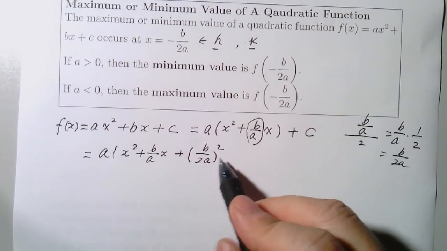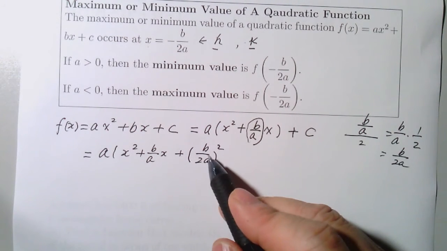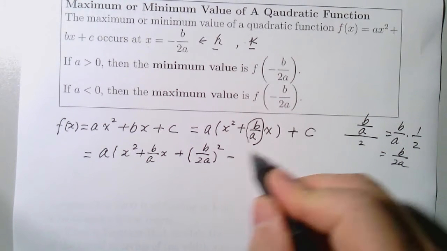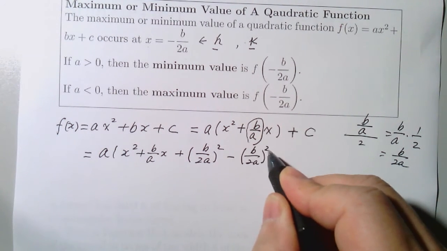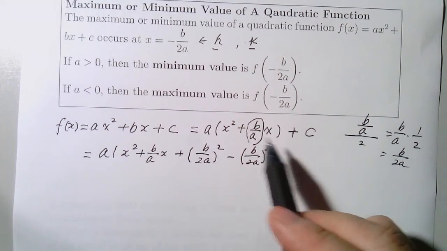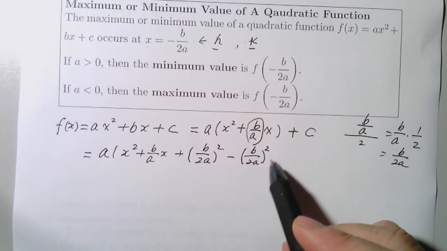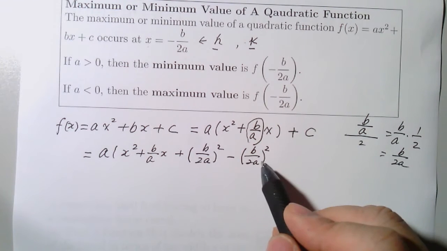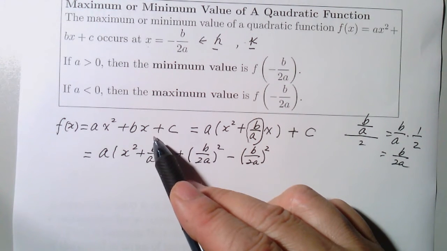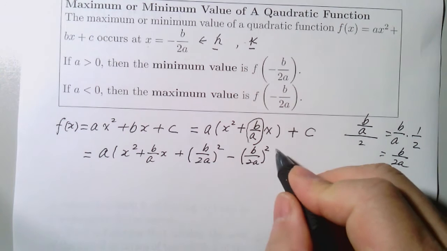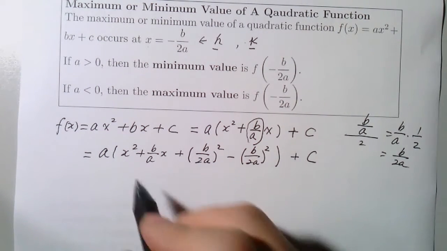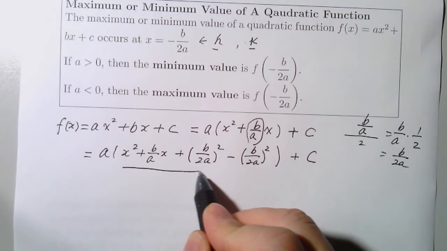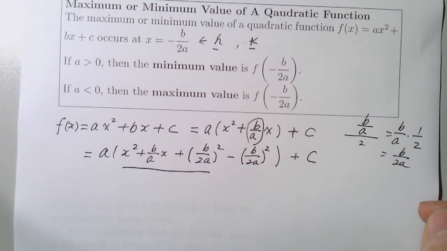When you add a term, you have to subtract the same term so the function value will not change. If you cancel these, you're back to the same function as before. But since we want to complete the square, I want to write the first three terms as a perfect square.